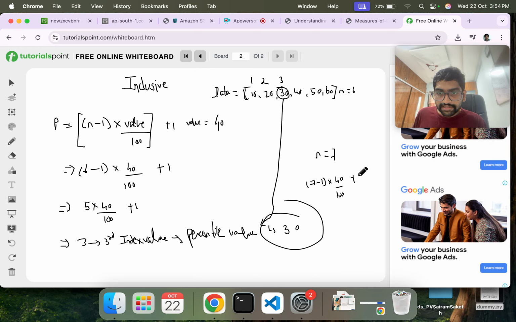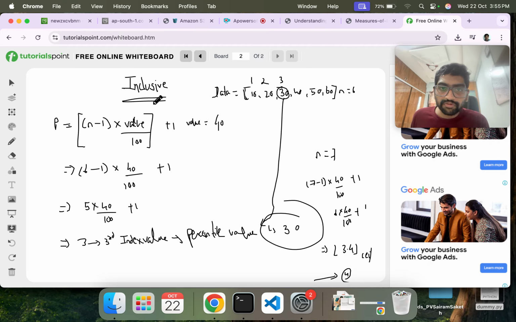Then I'll get 6 into 40 by 100 plus 1, so you will get 2.4 plus 1, you got 3.4. So you will take the ceil of 3.4, means you got the value as 4. So like this, the calculation of the inclusive approach works.